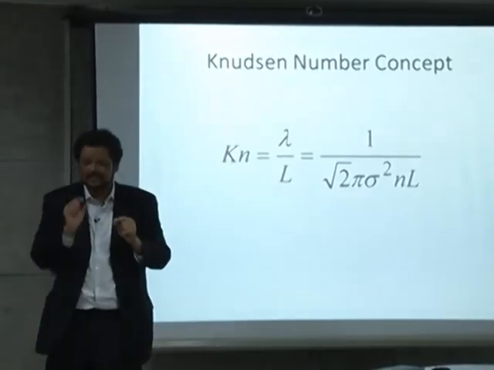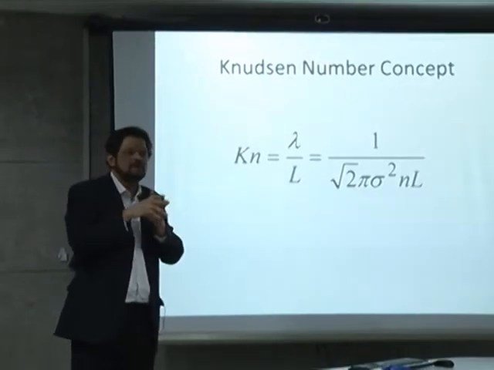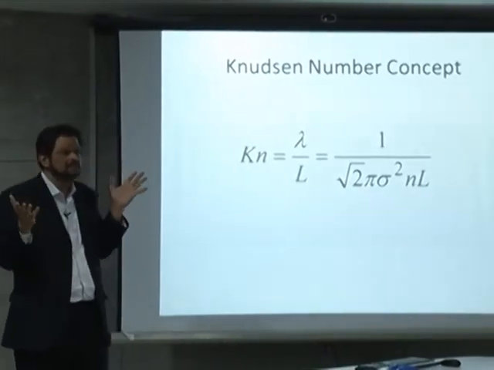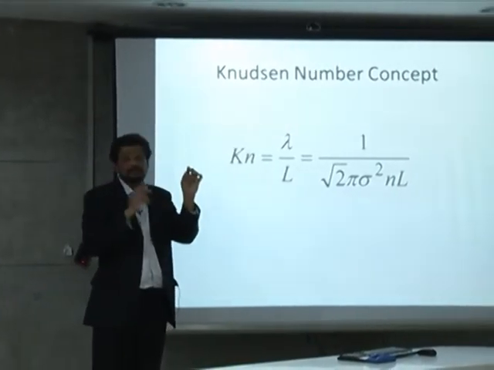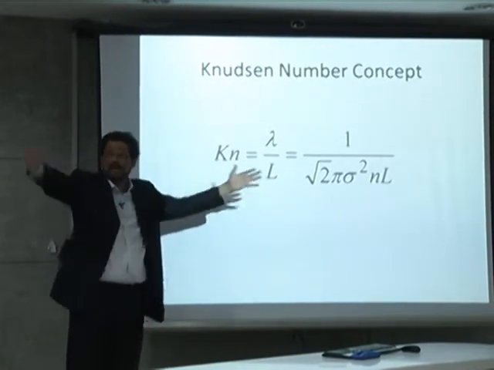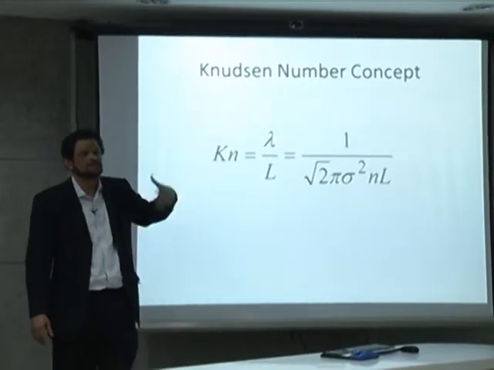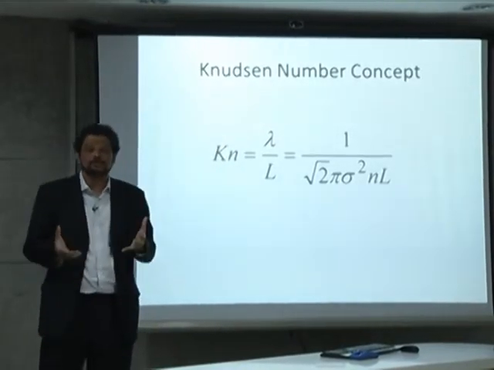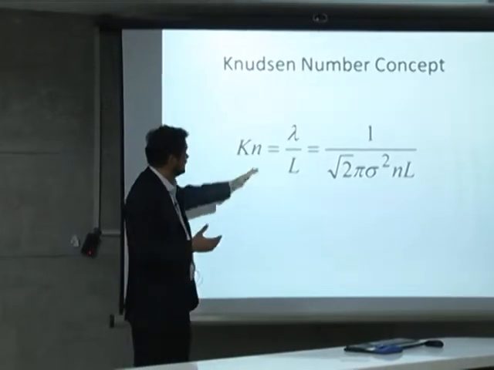Normally what happens is that the distance is very small, less than a billionth of a meter, a billionth of a millimeter for that matter. And so that billionth of a millimeter divided by the size of this room is almost zero. Knudsen number is practically zero for normal flow situations, whether it is water flow or air flow or whatever.